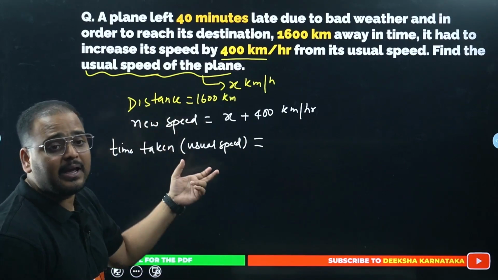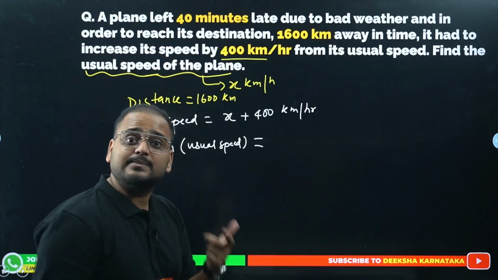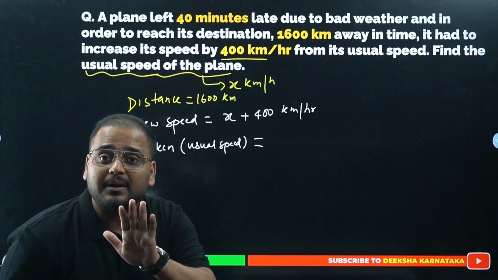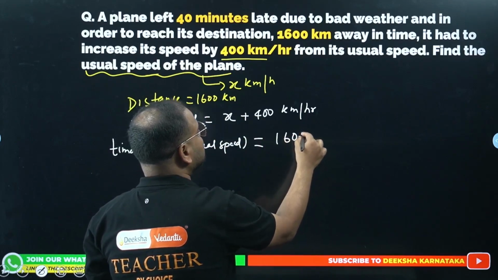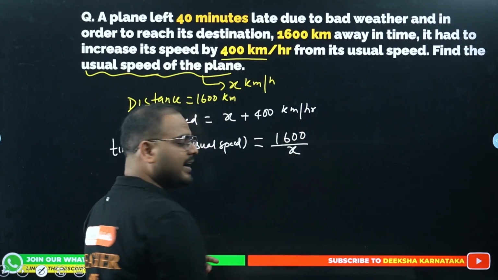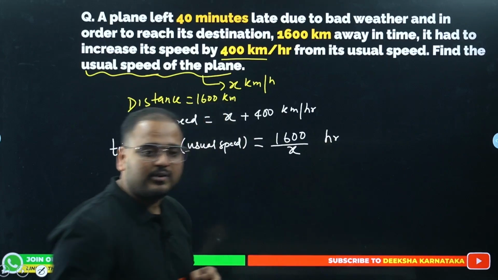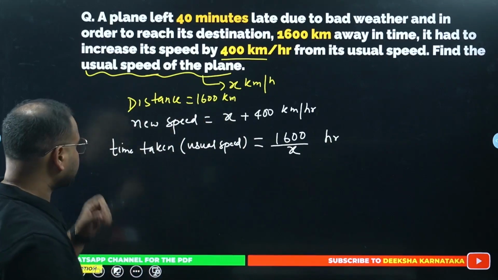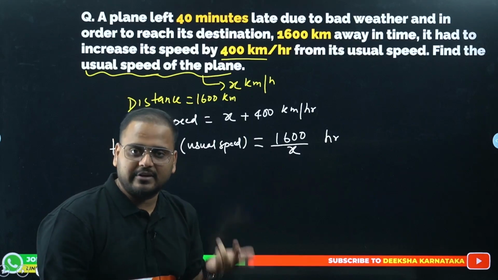Time taken by the plane while traveling with usual speed is equal to distance by speed. What's the distance? 1600 kilometers. What is the speed? Just x. This will be in hours. Why hours? Because distance is in kilometers and speed is in kilometer per hour.